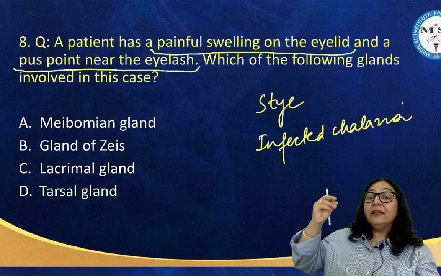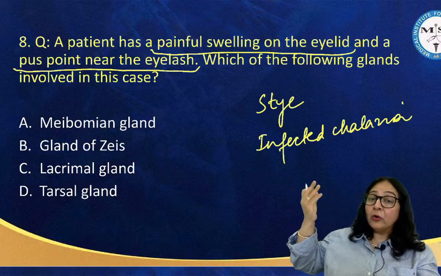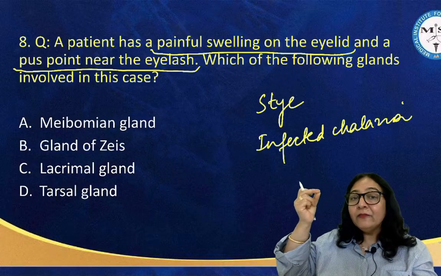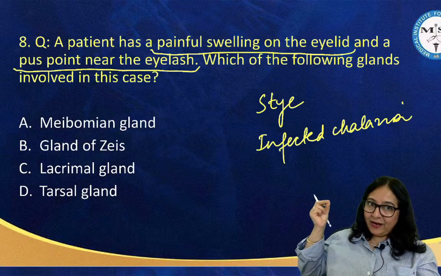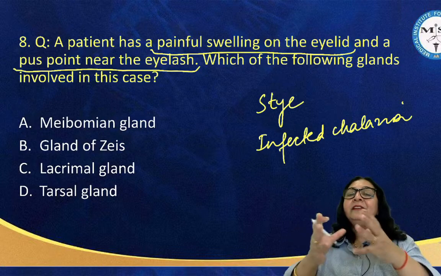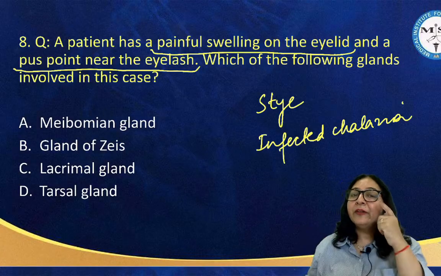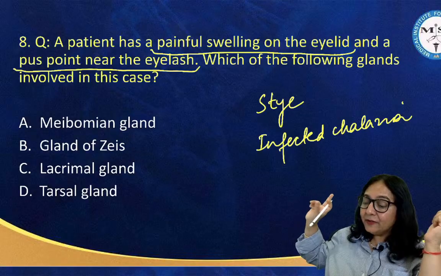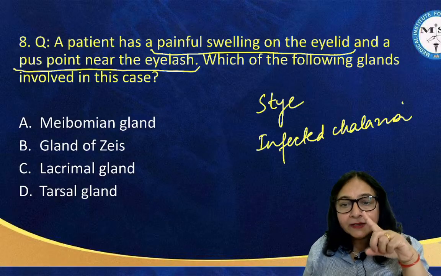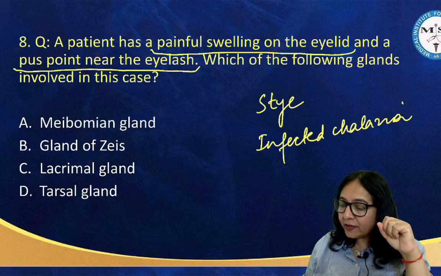In chalazion, if it is infected chalazion or hordeolum internum, the swelling will be away from the lid margin because different glands are involved in the two scenarios. So that is what your question was. Based upon the statement, I think you were able to identify that this is stye.